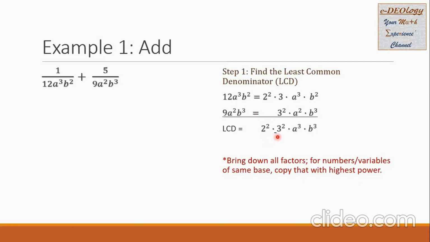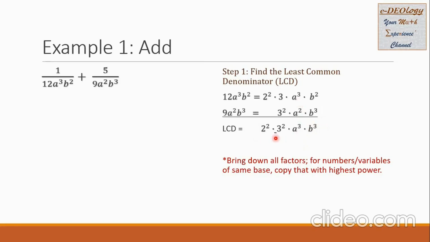For the 3, we have here 3 with exponent 1 and 3 with exponent 2. We will copy the 3 squared. For the base a, we copy the a cubed because 3 is the highest. For the base b, we copy the b cubed because the number 3 is the highest.